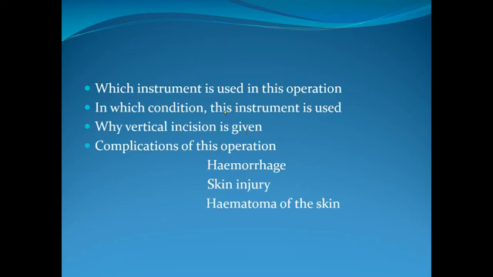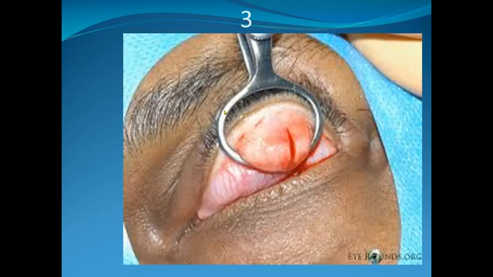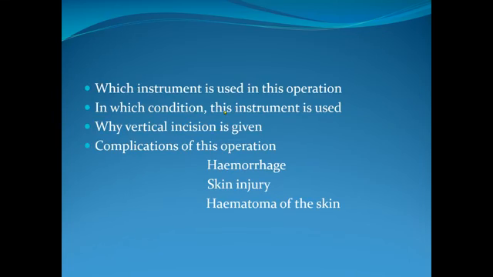So if I cut horizontally, multiple ducts of the meibomian glands are cut, which hampers the formation of the precorneal tear film. The patient develops dry eye. So why do we give a vertical incision? To save the meibomian glands. If I cut horizontally, the patient develops dry eye.